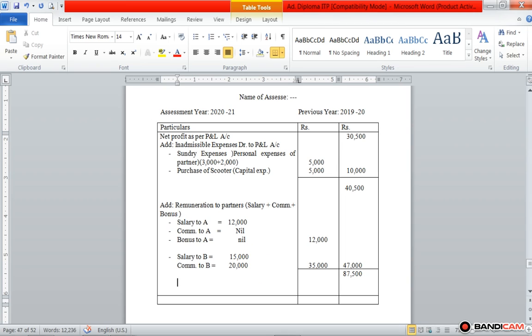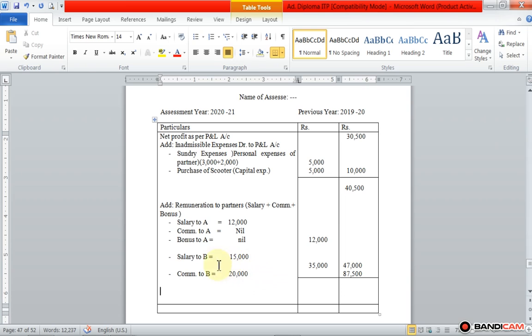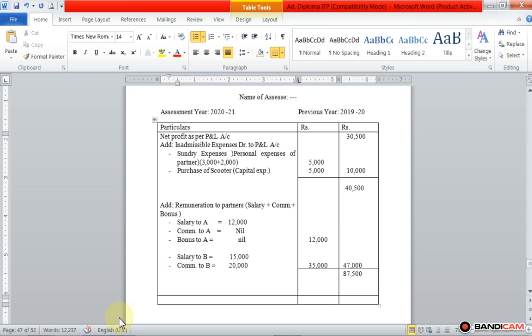Then we deduct income chargeable under other heads, 20,000. Okay, then we deduct less income chargeable under other heads.